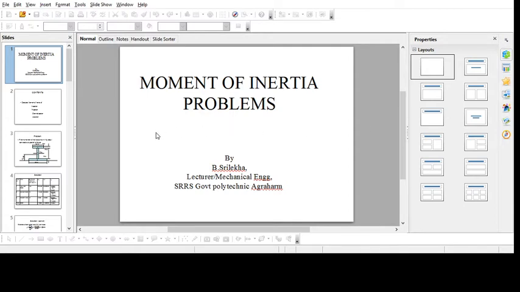Next, similarly for the second section, its length is 20 and its height is 100. It is the web. So the area you'll get is 2000. Next, the distance is 70, that is 100 by 2 plus 20, 50 plus 20 is 70. So 70 into 2000 is 1,40,000.